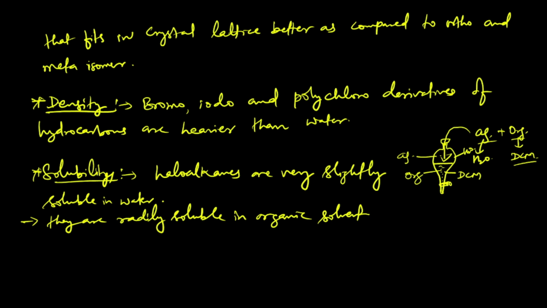But here is one more concept, why it is not soluble in water. It requires energy to overcome the attraction between the haloalkane molecules and to break the hydrogen bonds between water molecules. So two things should happen. Suppose you have taken this molecule CH2Cl2 and water molecules.